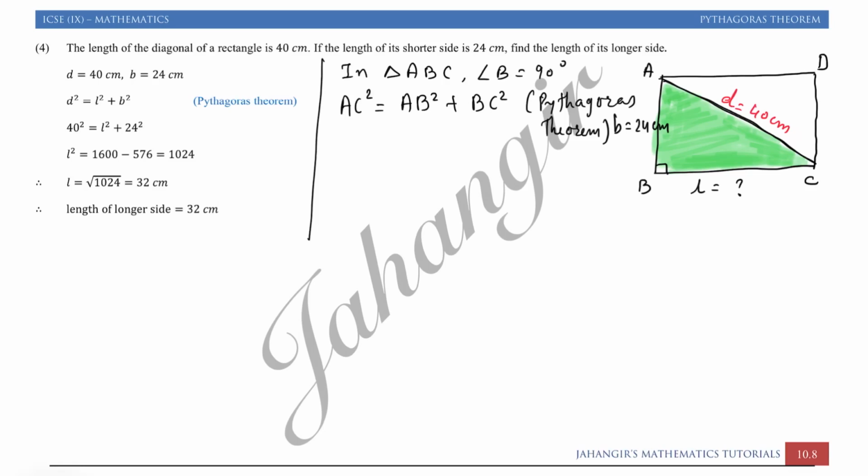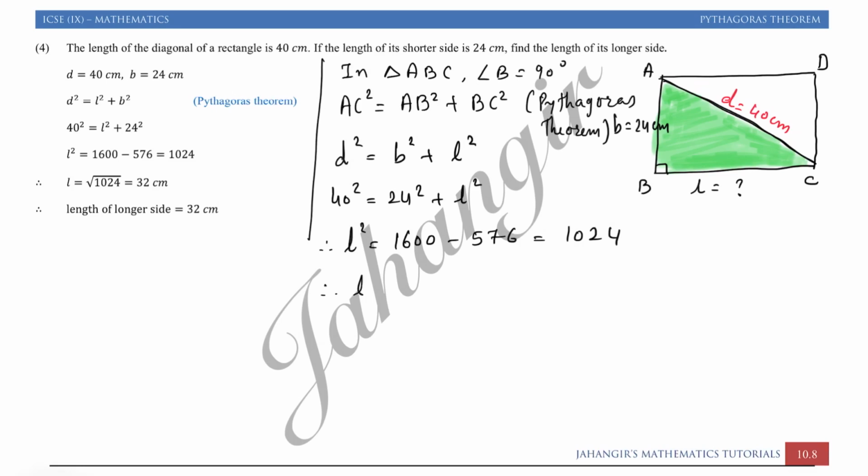Okay, so now AC is D, which can be written as D square is equal to breadth square plus length square. So D is 40 square is equal to breadth 24 square plus length square. So therefore length square is equal to 1600 minus 576, that is equal to 1024.